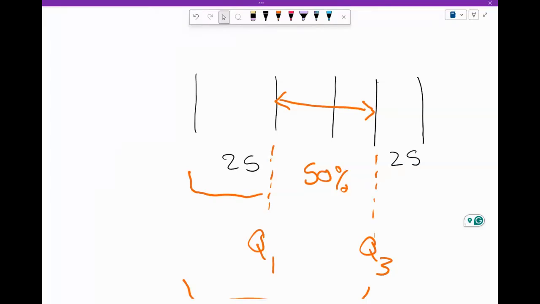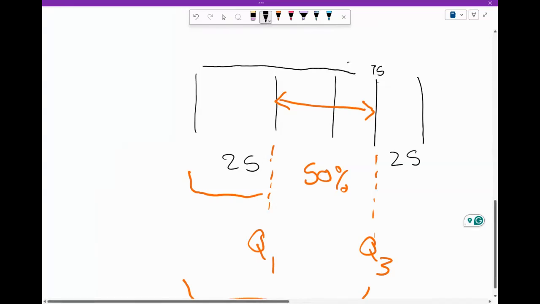That would then mean we're looking from the beginning to wherever we would have. I think 70% would be thereabout. Because remember, this is 75, isn't it? That's 75%. So 70 would be somewhere there. Okay? So we could say we want the 70th percentile, which would then pertain to all of this here.